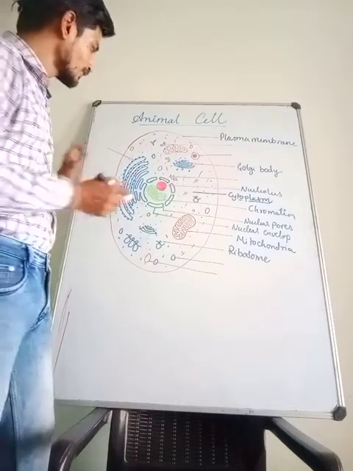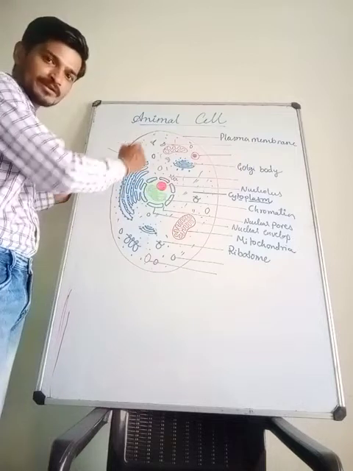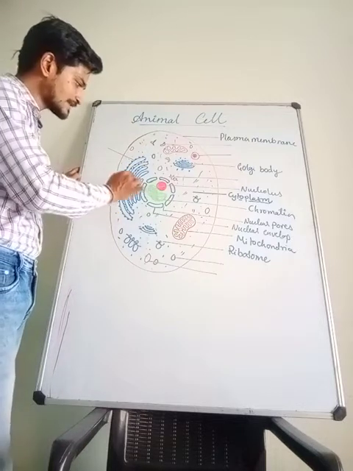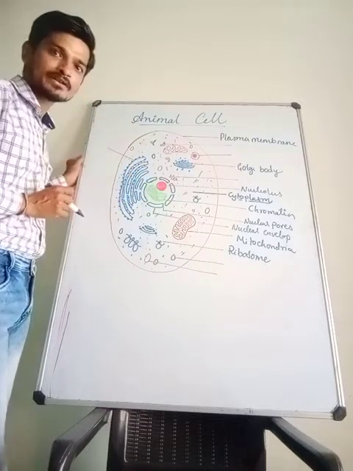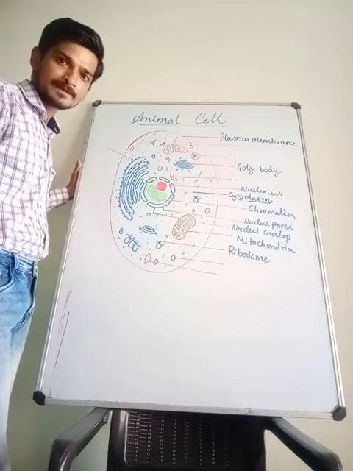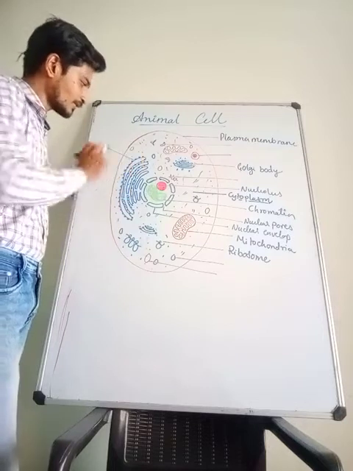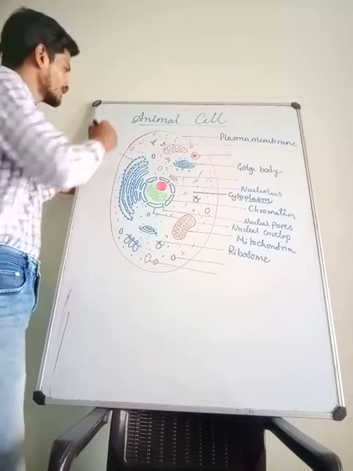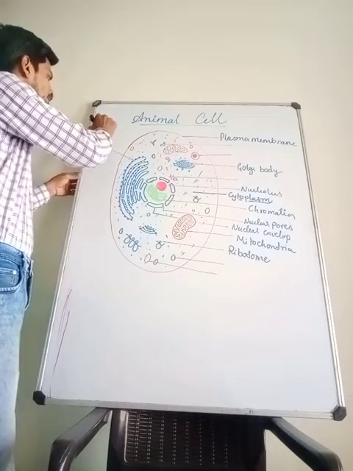After ribosomes, we will see another important structure which is connected to the nuclear membrane and spans till the plasma membrane. This network of membrane is known as the endoplasmic reticulum.